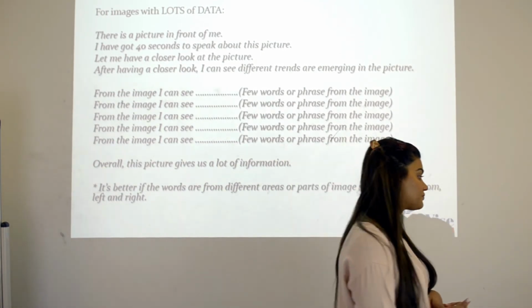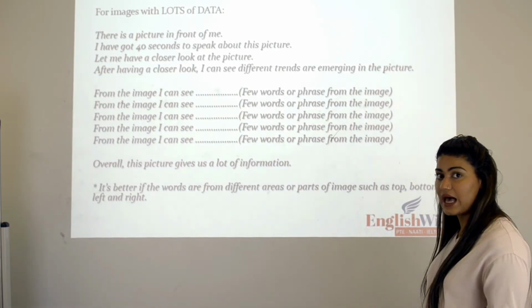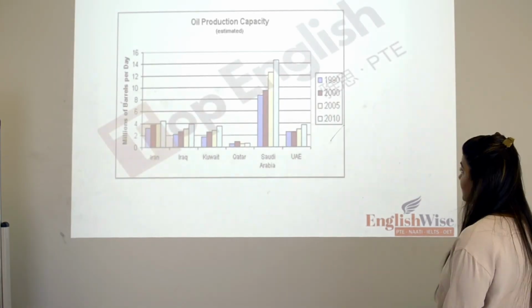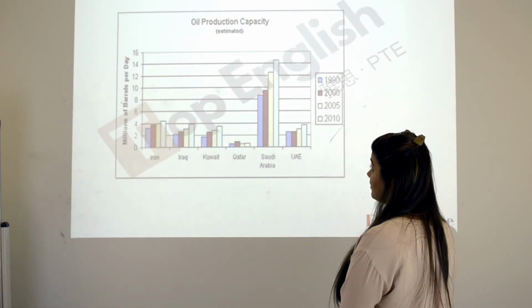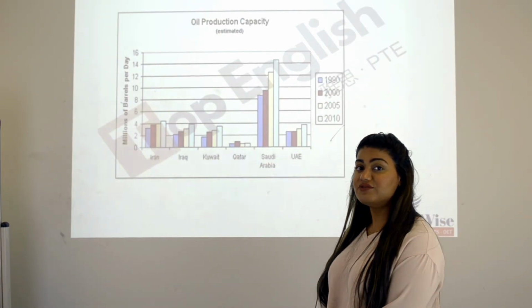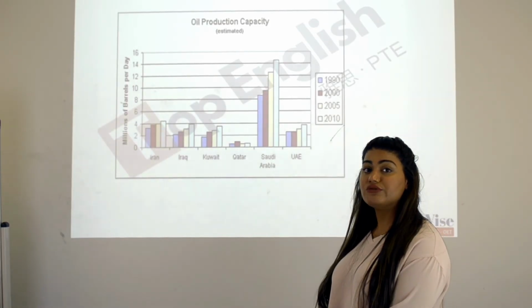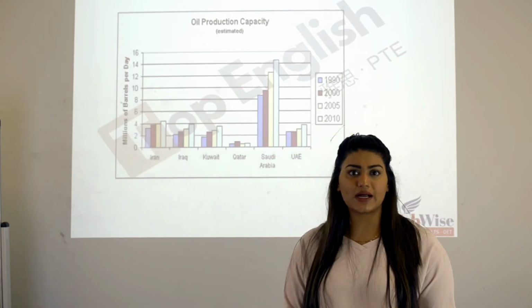Now, what I'll do is, I'll quickly give you guys an example on how you have to do your describe image. It should be something like this. Let's say I have got this image in front of me. So in my preparation time of 25 seconds, I am not going to read my template, guys, because you've already read your template a million times in the labs or in your practice sessions.